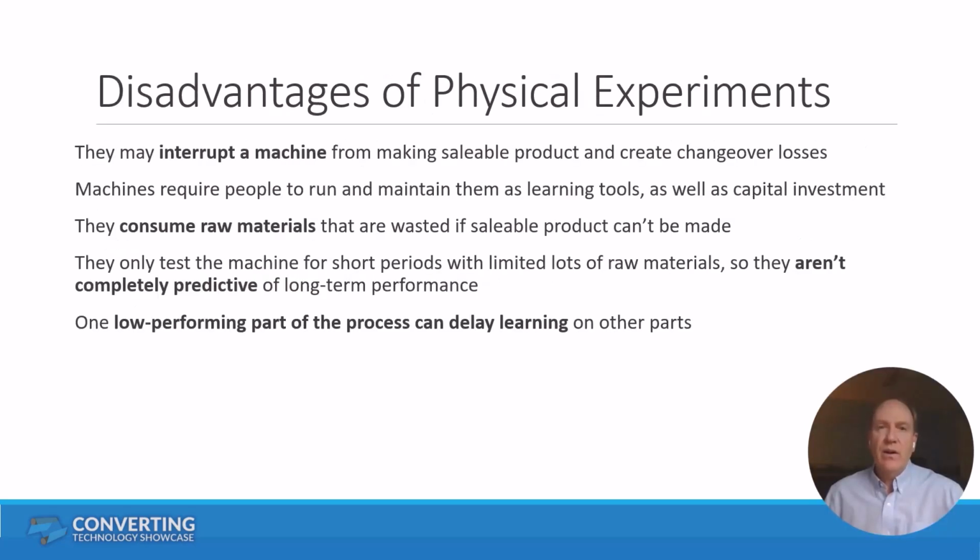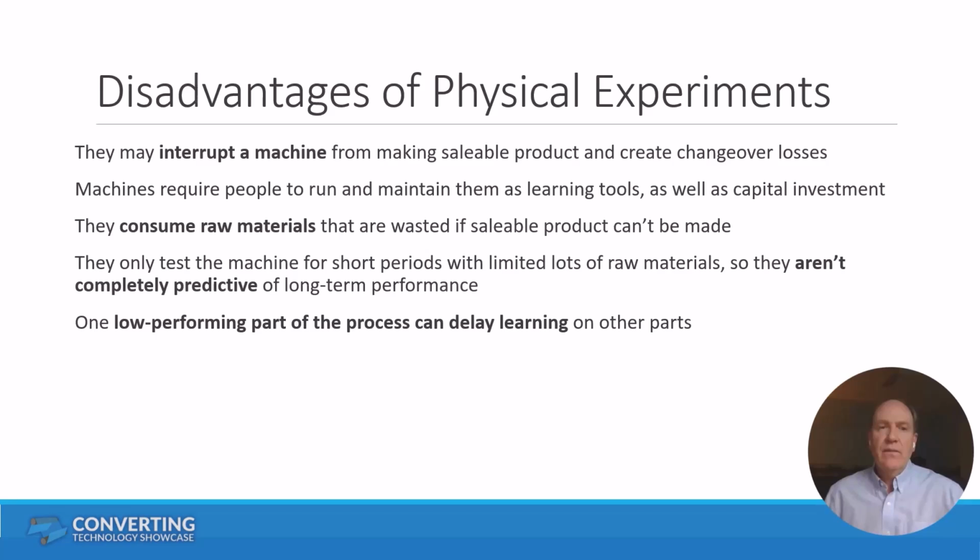But, of course, there are some disadvantages of these approaches. If you're doing it on a full-scale machine and you're doing testing and you can't sell the product, then obviously you're losing out on the sale of products from that machine, and you create some changeover losses when you go between tests and production, obviously.